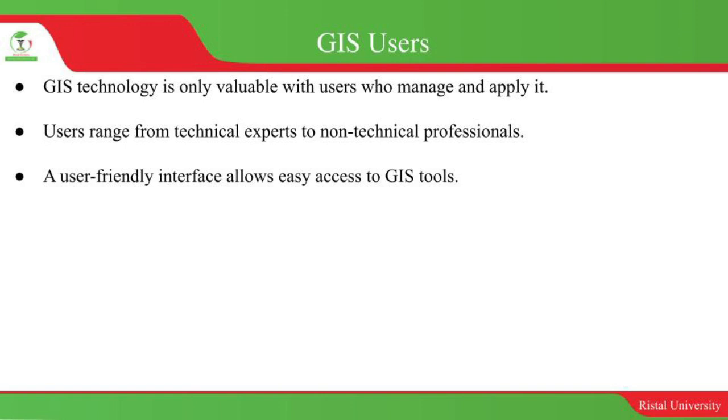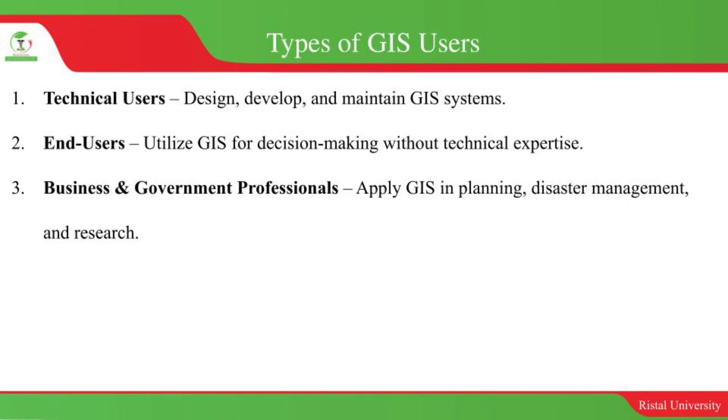So just to go deeper into the types of the users, we say there are technical users, end users, business and government professionals. But even us who are students, we are end users who would want to use this information and then to be able to move through the studies that each one of us is going through.